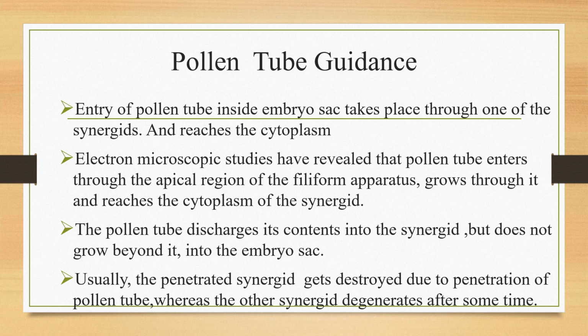Usually, the penetrated synergid gets destroyed due to penetration of the pollen tube, whereas the other synergid degenerates after some time. The contents of the pollen tube released inside the synergid will automatically be transferred into the embryo sac, and after this, double fertilization will take place, which is in another video.